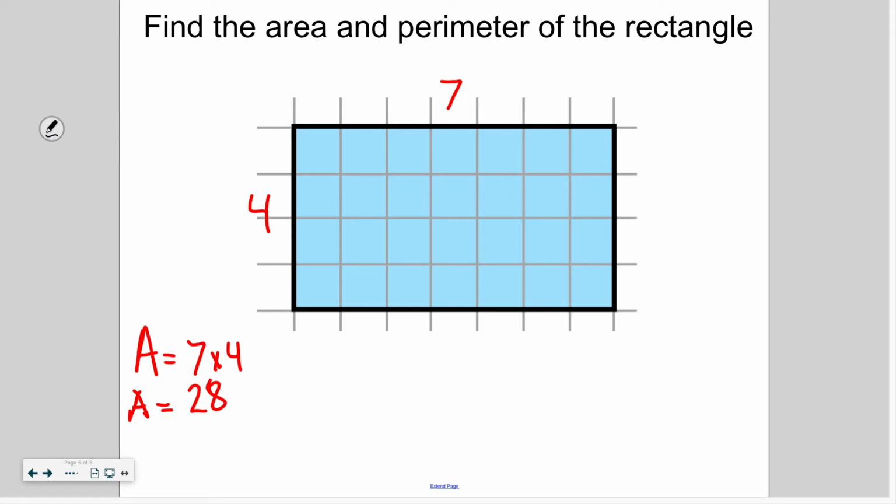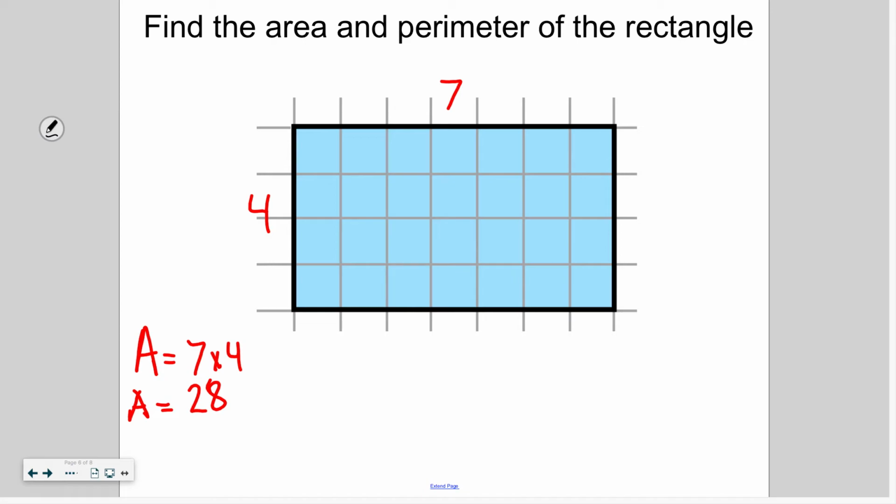And again, since we have the shapes in front of us, you can always count the rows or the columns, right? 7, 14, 21, 28, or count down 4, 8, 12, 16, 20, 24, 28, right? Or we can just multiply like I just did, right? But think of this as an array, right? There are rows and columns, like an array.